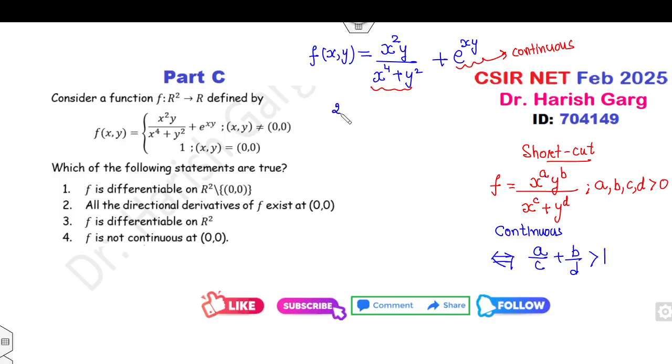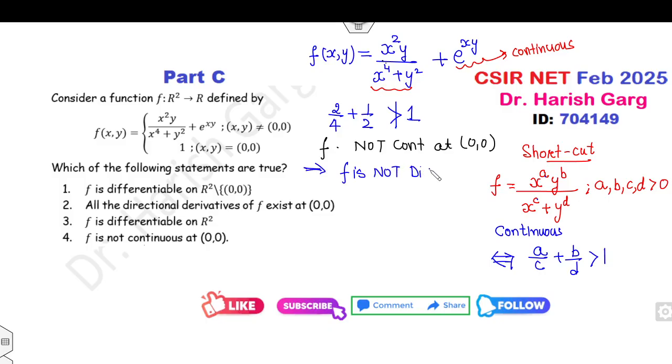So if you look at that, 2 over 4 plus 1 over 2 is not greater than 1. So that means this function is not continuous. That means f is not continuous at 0 comma 0. If f is not continuous, that means f is not differentiable.